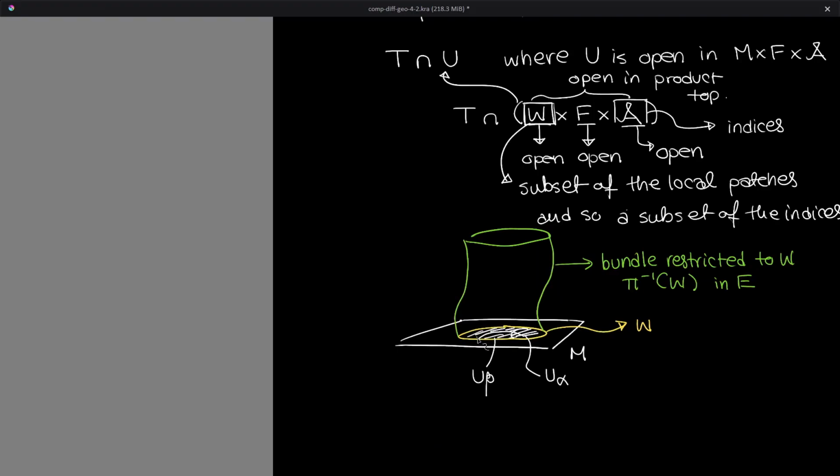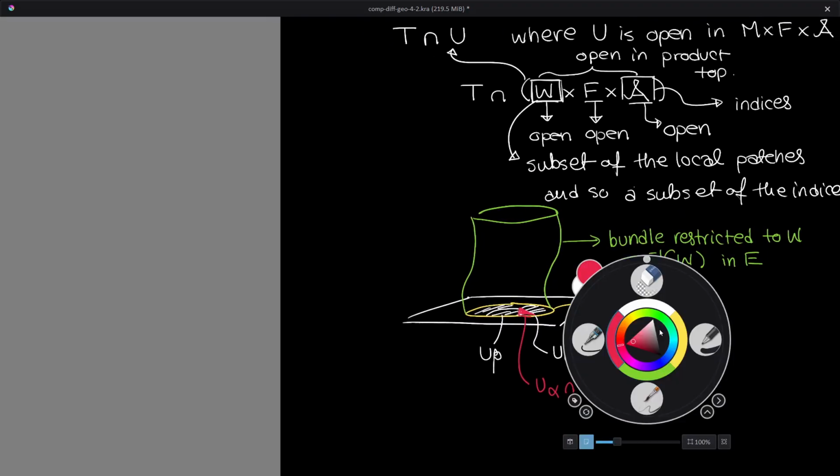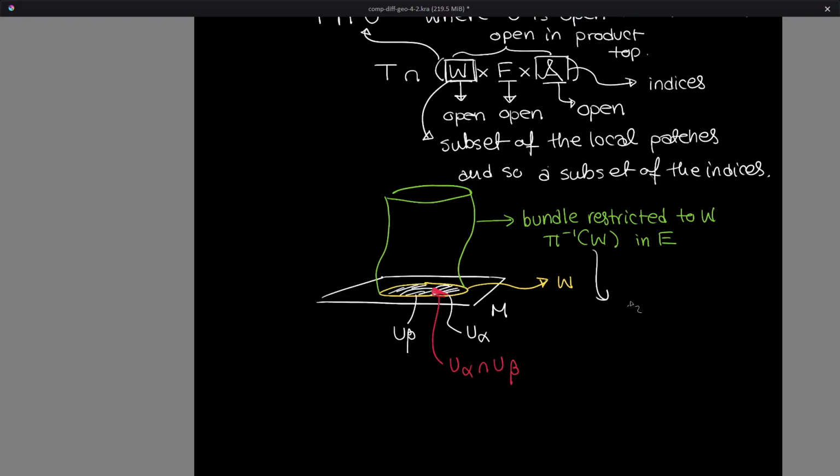Then there's this subset where there might be overlap between the U alphas and the U betas. Let me color that intersection. So this would be that intersection, U alpha intersection U beta, and here we would have more than one fiber, and we're reintroducing that redundancy in the fibers, and that's exactly what Q inverse of pi inverse of W is.